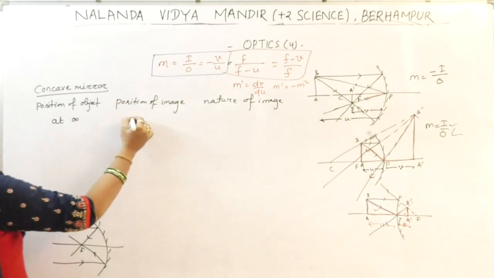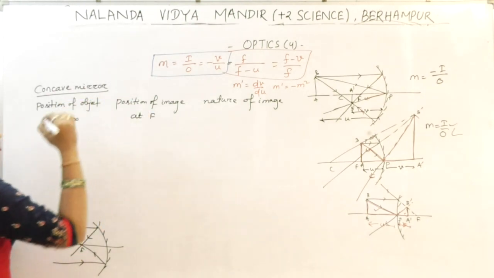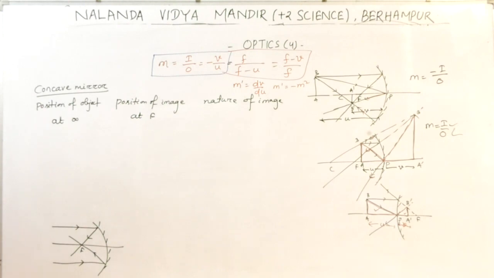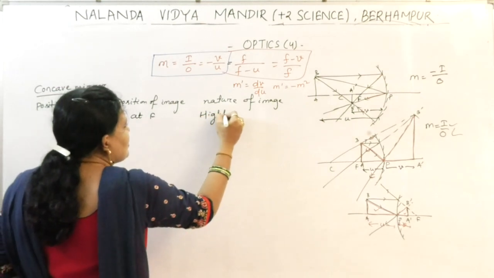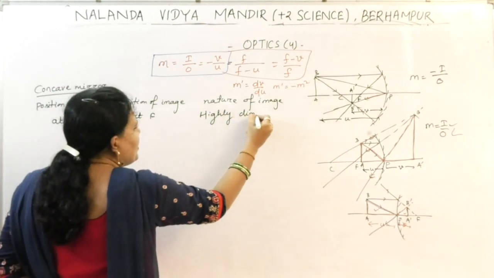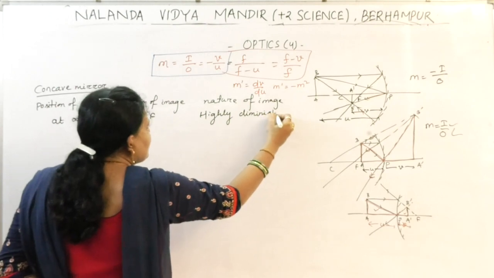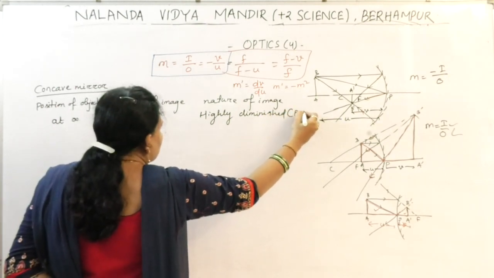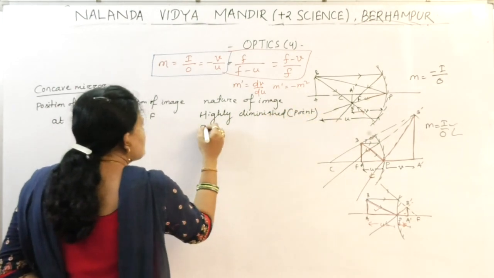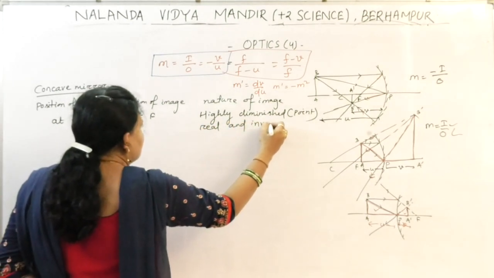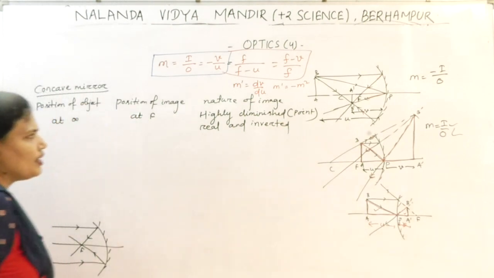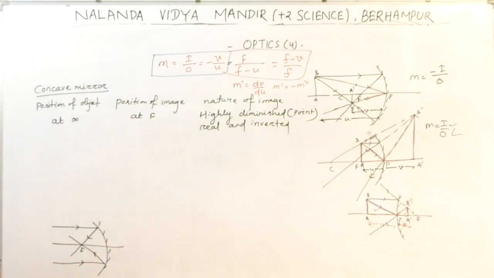The image is formed at focus. The nature of the image: it is highly diminished, very small, or you can say a point, and the image is real and inverted.